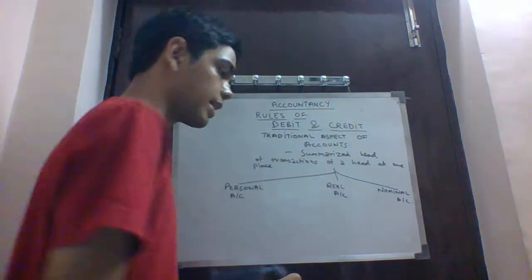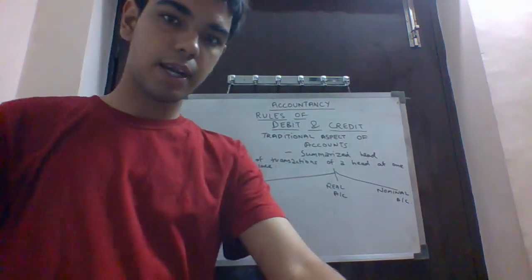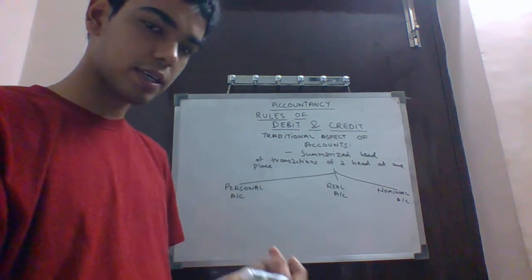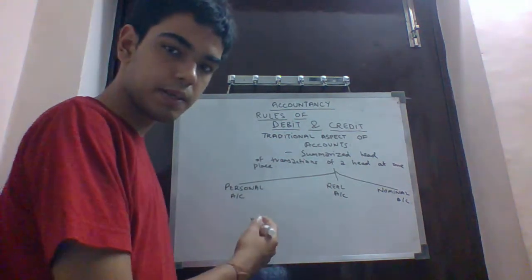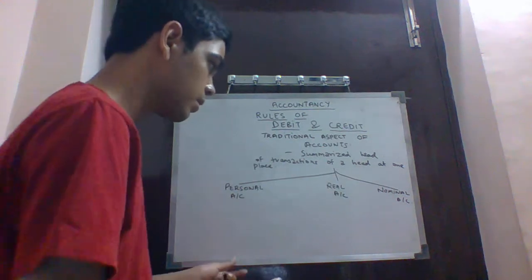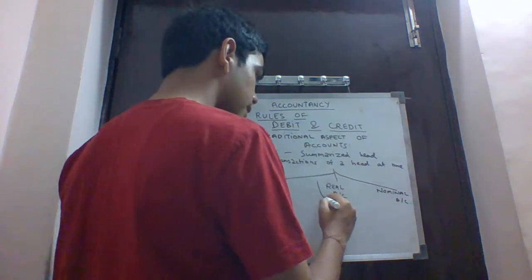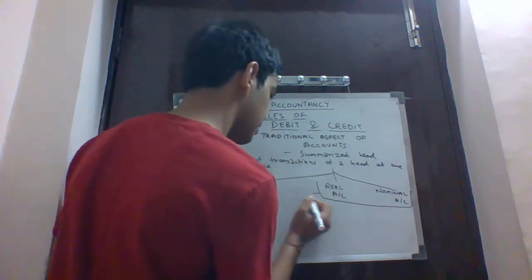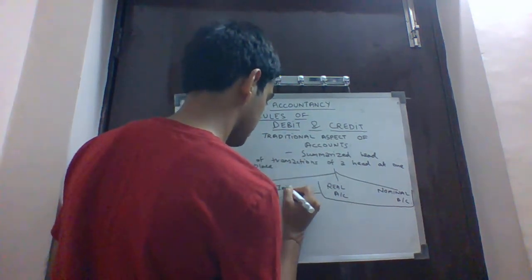So basically all kinds of liabilities and expenses or assets like prepaid expenses and outstanding expenses will be accounted under the representative personal account. Now the real account and nominal account section is also combinedly known as impersonal accounts.